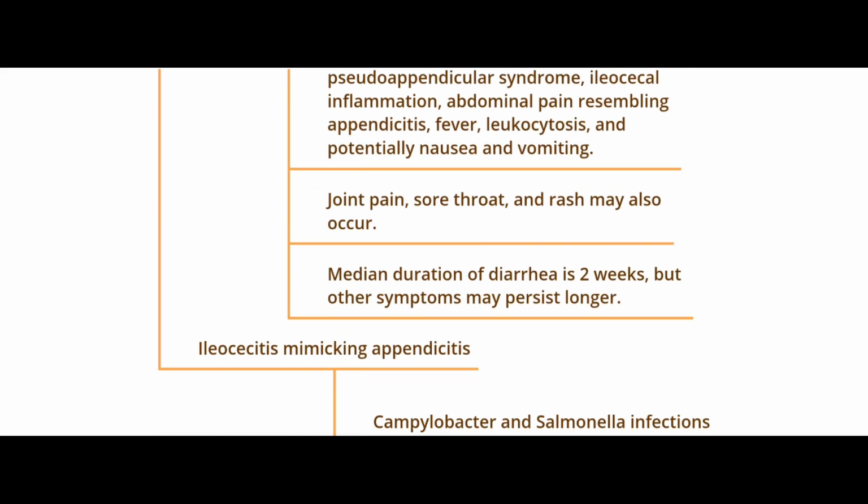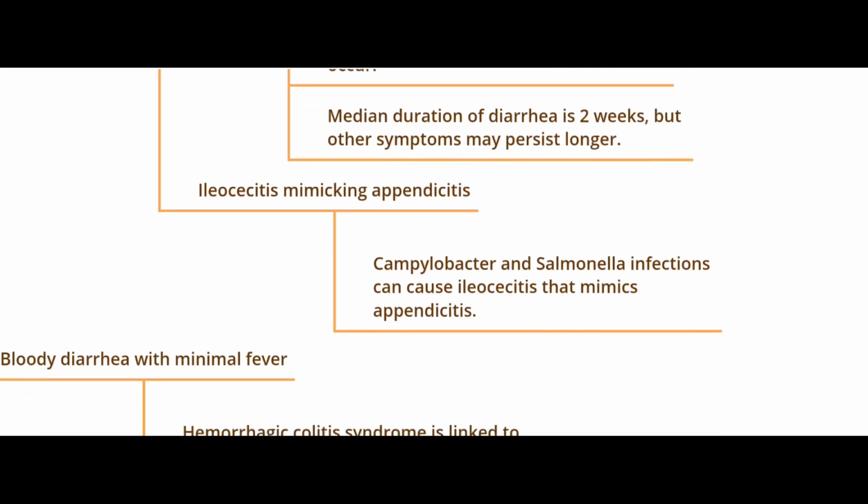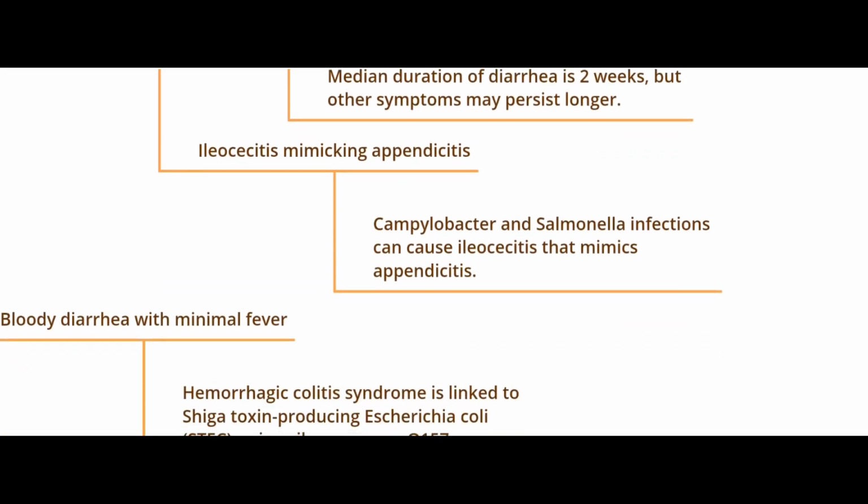But some symptoms may persist longer, especially since even after the infection has gone, the intestine needs time to regenerate itself. And we can talk about ileocecal mimicking appendicitis, especially in Campylobacter and Salmonella infections.